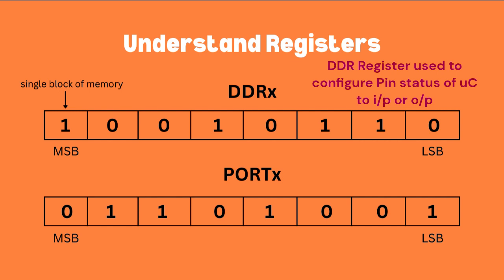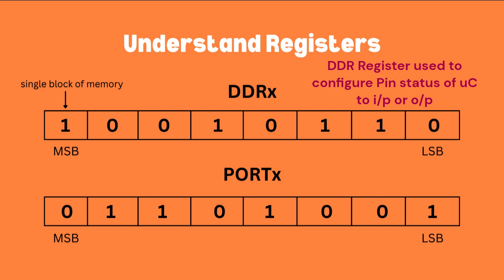So from pin 0 of port A to pin 7 of port A. Now, what do I mean by status of the pin? It is whether the pin will act as either an input pin or an output pin.